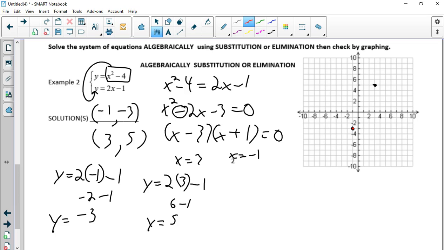So 0, -4 is going to be a point. If I put 1 in, I'm also going to get -3. If I put 2 in, that's going to be there. If I put 3 in, I'm going to get this point right here. And -3 is also going to give me 5. And 4 is going to give me 12, and -4 is going to give me 12. And so here is my parabola.